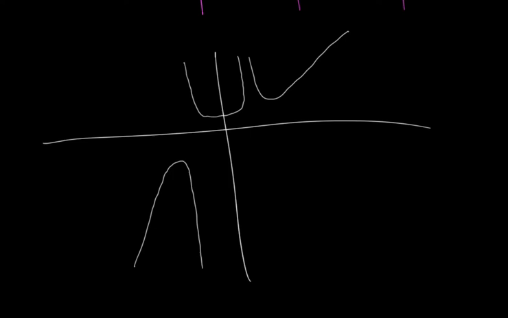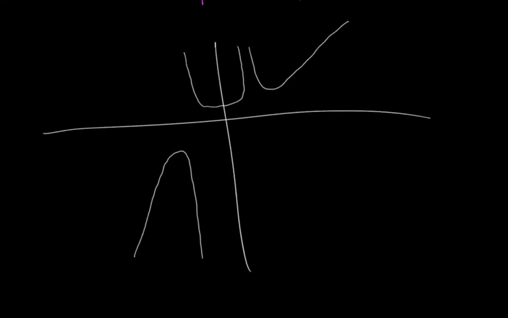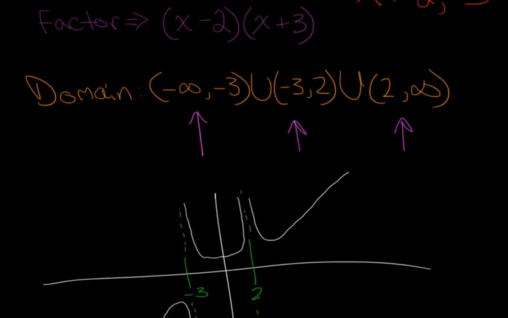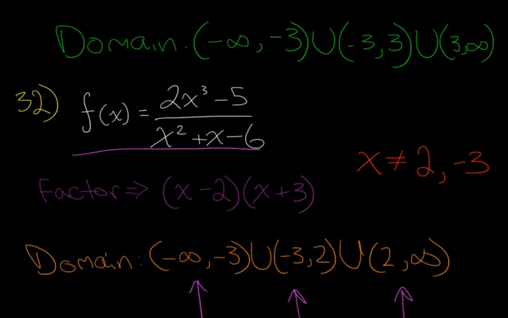I remember graphing it on my graphing calculator earlier just to confirm that the points that are undefined on the graph were 2 and negative 3. There is what's called a vertical asymptote at those points. And the graph never crosses a vertical asymptote. Sometimes a horizontal, but never a vertical asymptote.